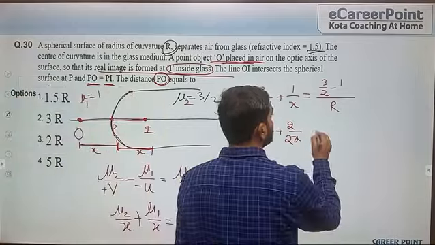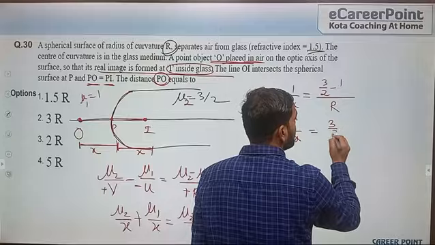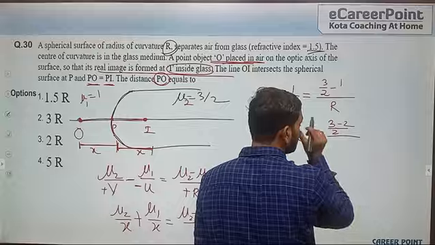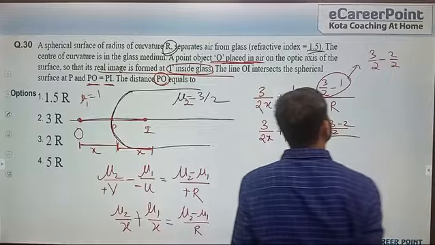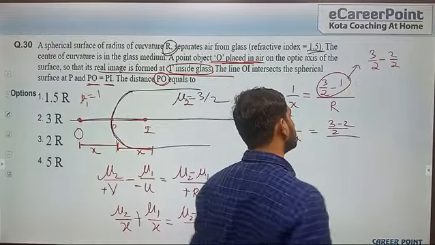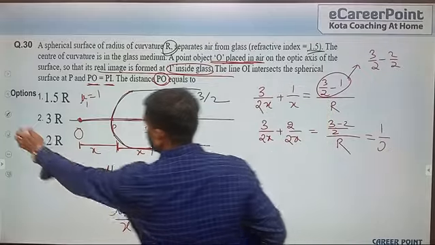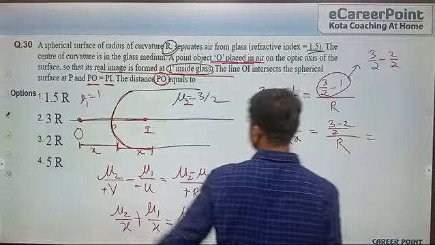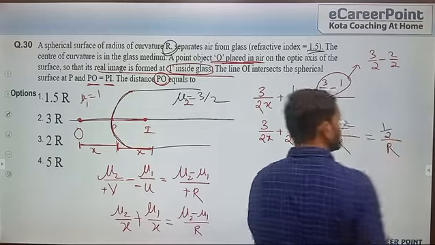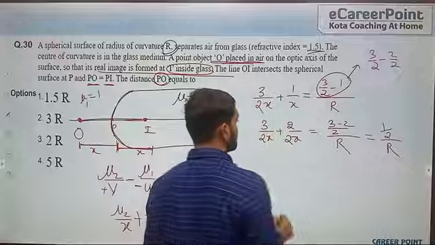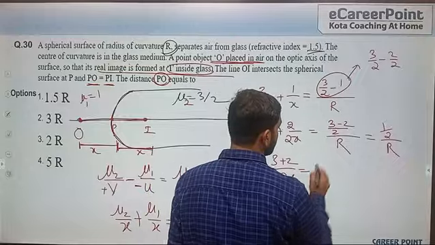So this will be equal to 3 by 2 minus 2 by 2, because 1 is nothing but 2 by 2, all by R. So this value will be equal to 1 by 2 by R. This 2 moves to the denominator. So here we have 3 plus 2 by 2x is equal to 1 by 2R.